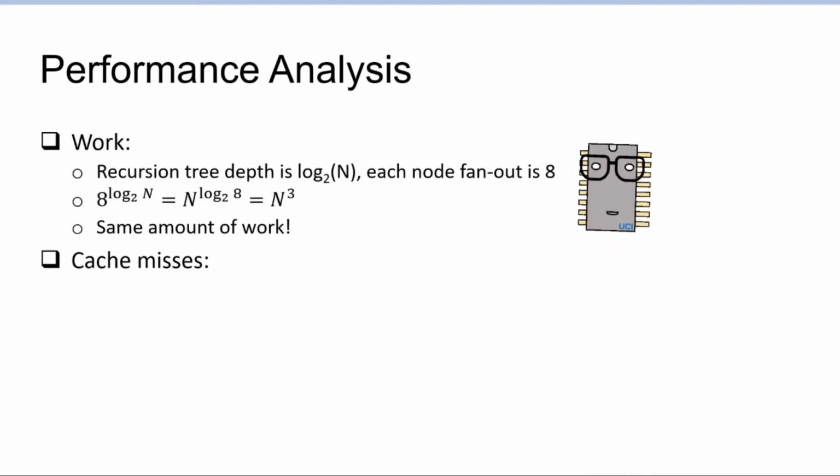Because at every recursion level, we are chopping the matrices up into 4 parts, resulting in 8 submatrix multiplications. Remember, because each resulting submatrix in C required 2 matrix multiplications and then addition of the 2.